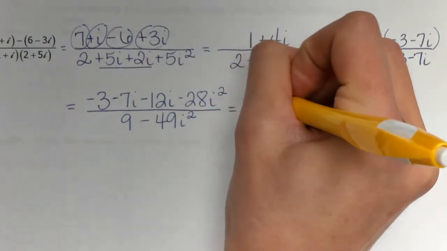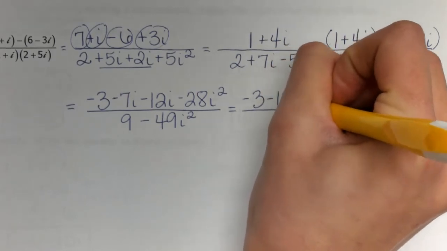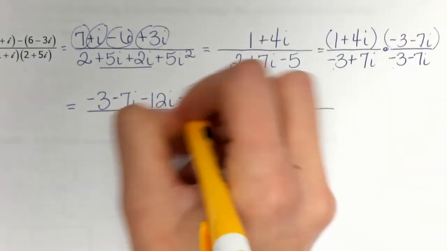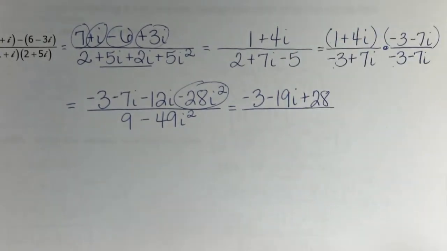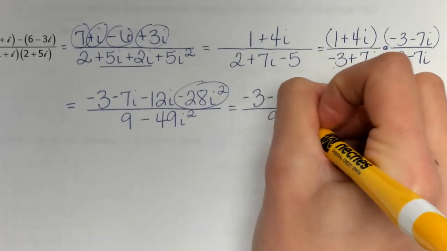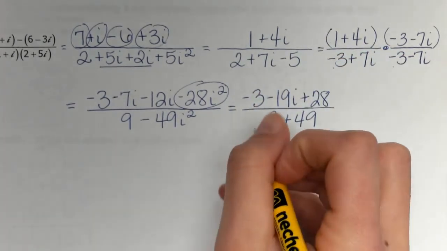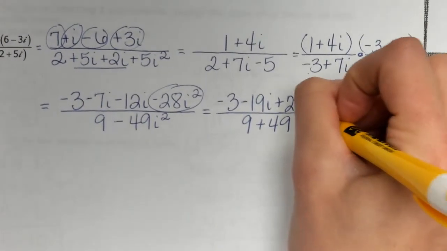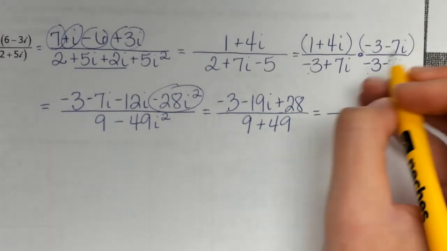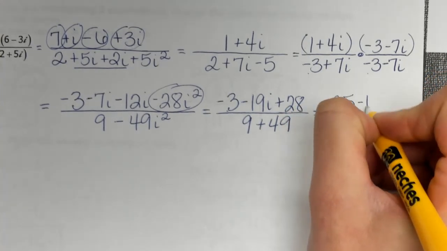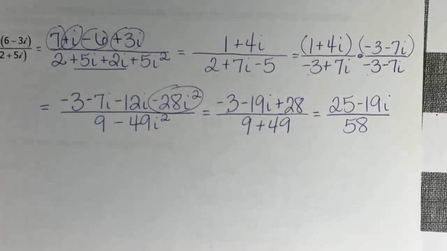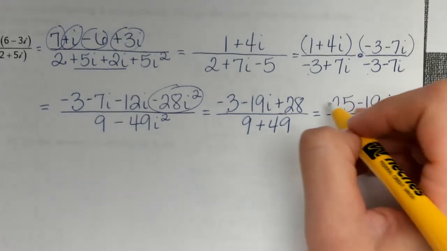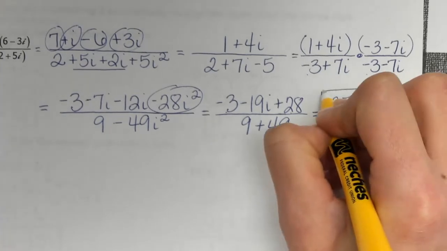Alright, so I've got negative 3 minus 19i and then plus 28. And then my bottom is 9 plus 49. So negative 3 plus 28 is 25. Minus 9 is 9, over 58. And I cannot divide those by the same number, so that would be my final answer.